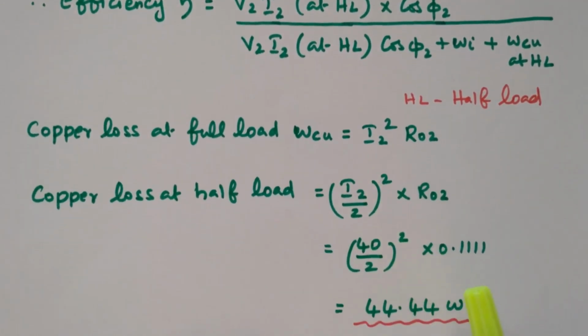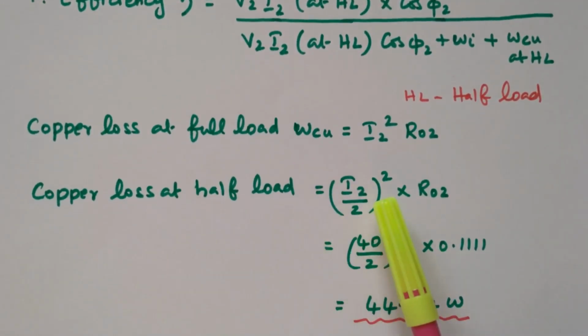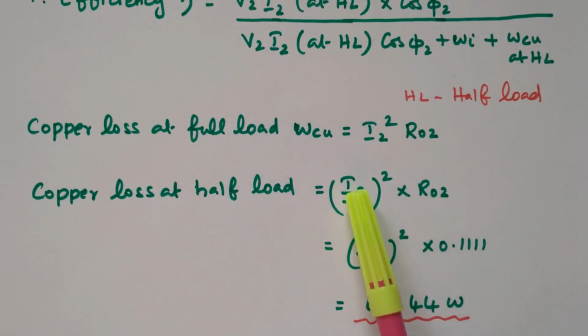For a half load, it is I2 divided by 2, the whole square, into R02. At full load the current is I2, so at half load it is I2 divided by 2. So 40 divided by 2, the whole square, into 0.1111, that is nothing but 44.44 watts. So this is the copper loss at half of the load.